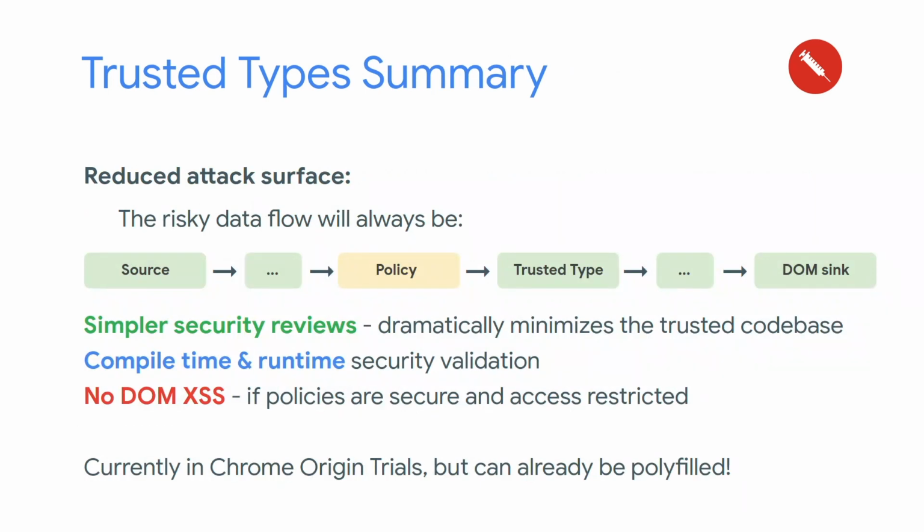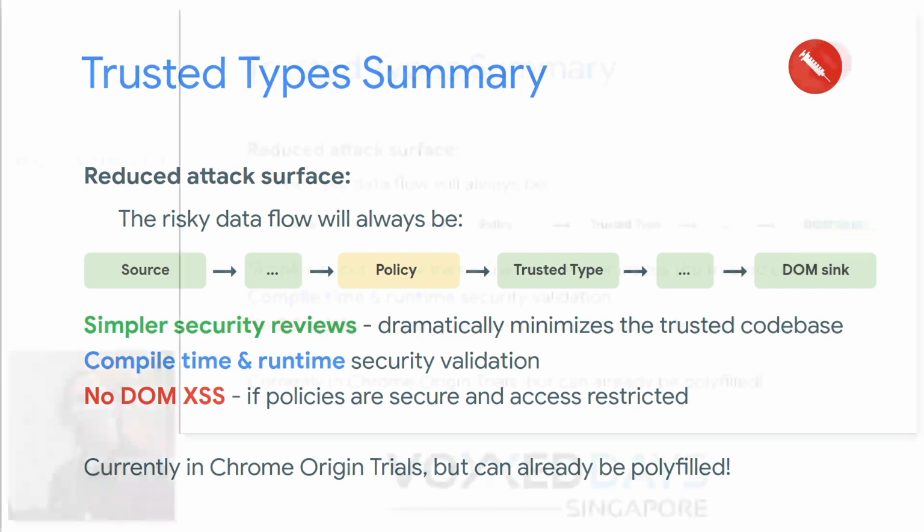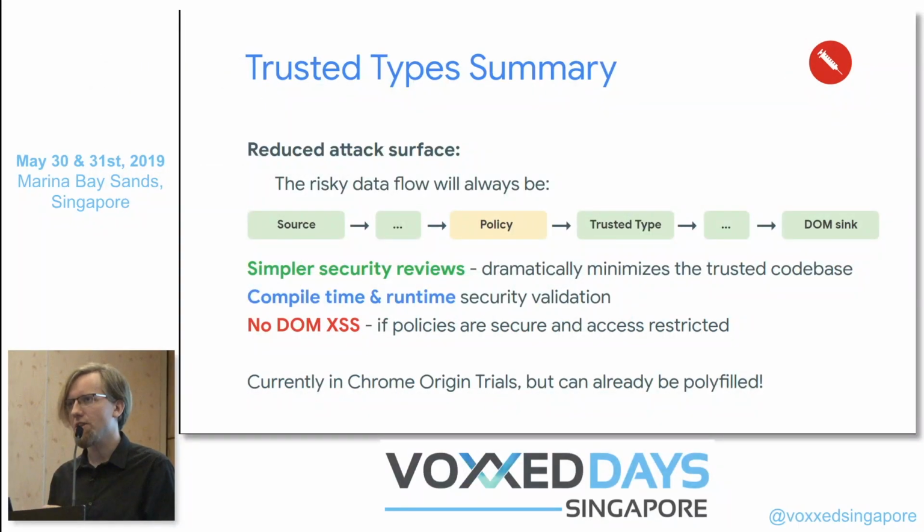So what does all of this do, right? Why is doing this good for your application? The main thing about this is that instead of needing to audit your entire code base for the use of any of these 60 dangerous APIs, you guarantee that only the code in one of your trusted types policies can introduce vulnerabilities.